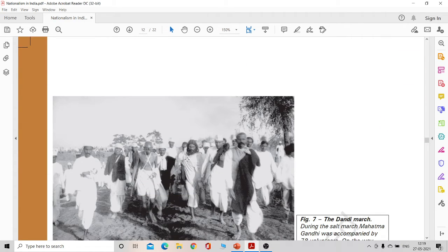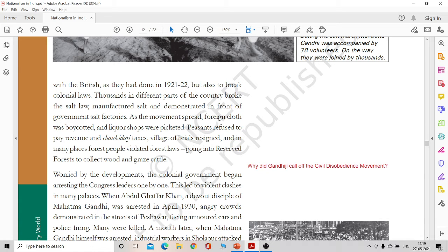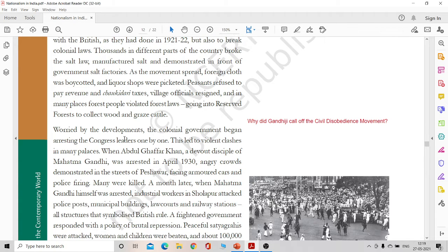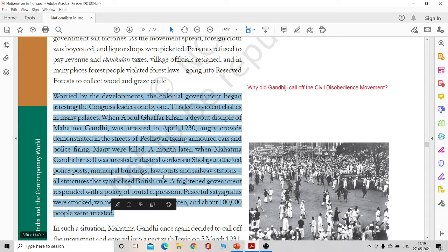Further coming down, we see the question, why did Gandhiji call off the civil disobedience movement? This part is the answer, right? Khan Abdul Ghaffar Khan was arrested, and angry crowds demonstrated, facing armored cars and police firing. Many were killed. Gandhiji himself was arrested.